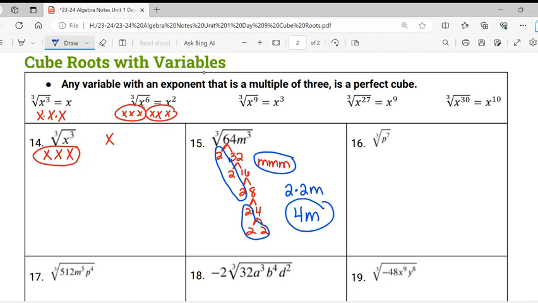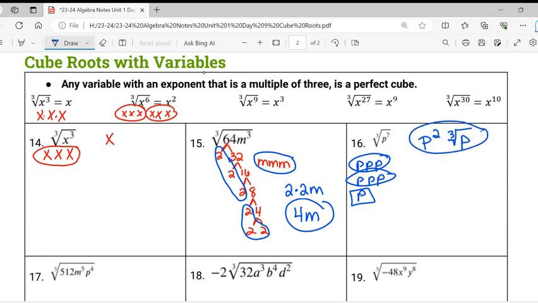As we look at our next one, we have p to the 7th. We could go ahead and write out all of our p's. We're looking for triplets. I have 2 sets of triplets. So outside the radical, that'll be p to the 2nd power. But I do have this single p. That's going to stay in the cube root as a single p.